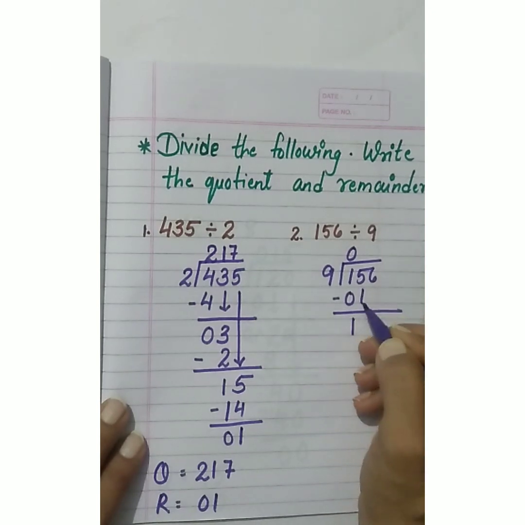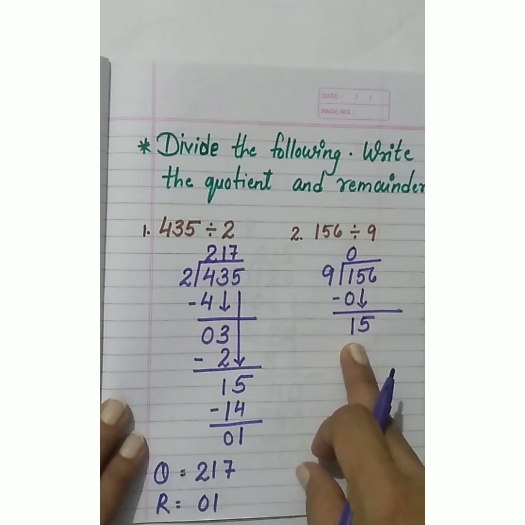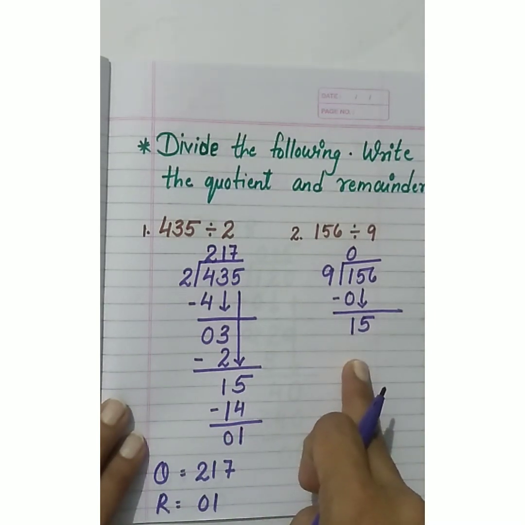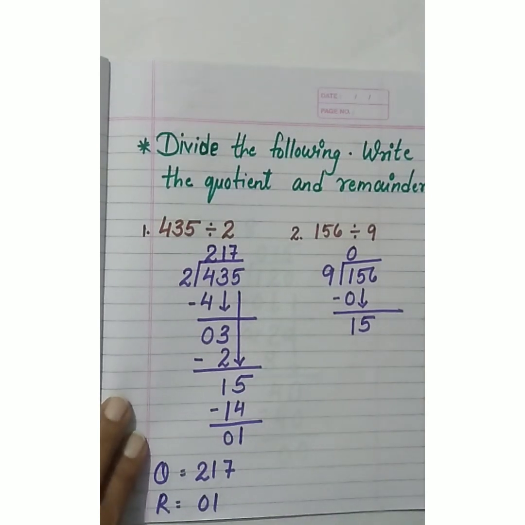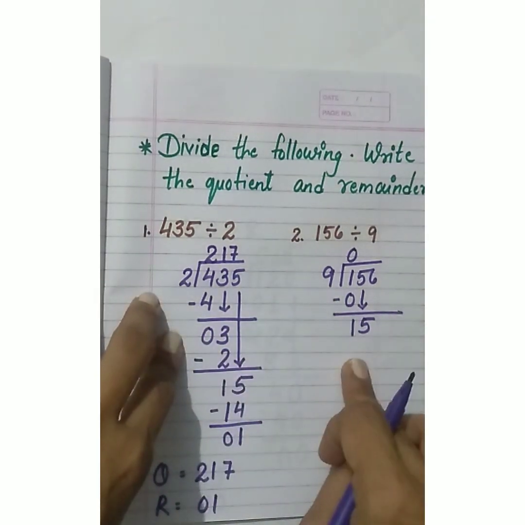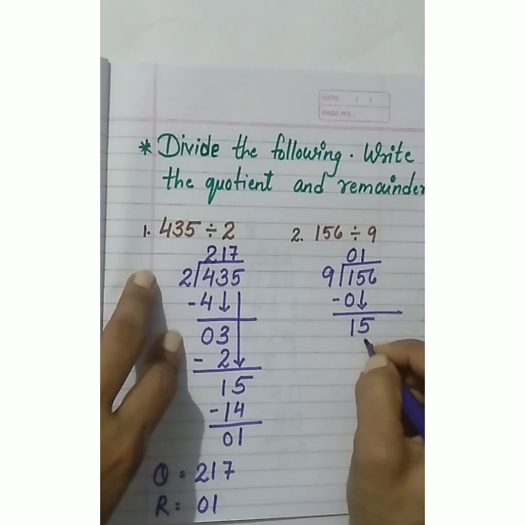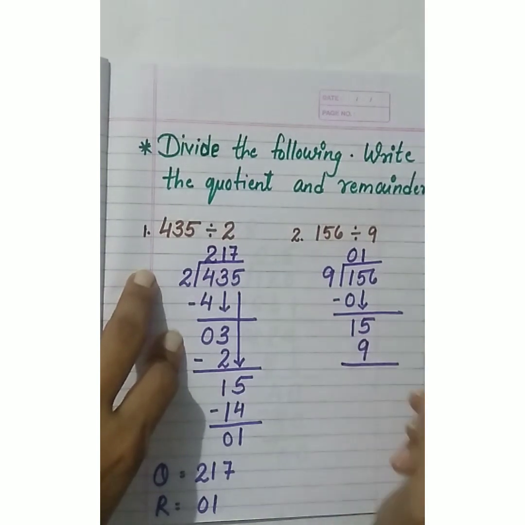And we will take this 5 and we will write it over here. Now it is 15. 15 is more than 9. So we can divide it. So 9 ones are 9. 9 twos are 18. So that is a bigger number. We cannot take 18 over here. So 9 ones are 9. So we will subtract this.